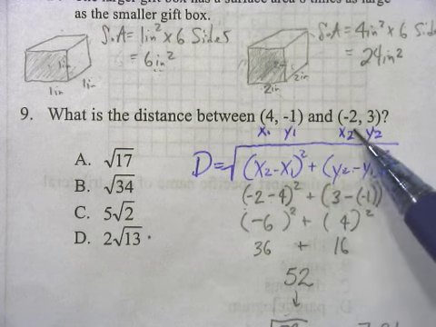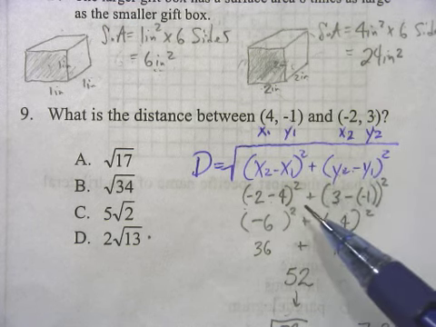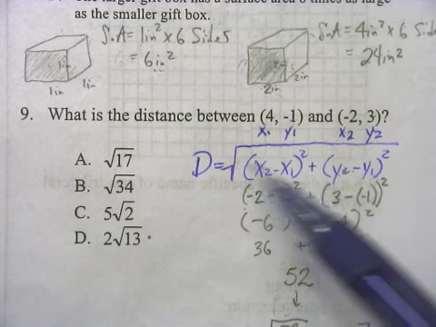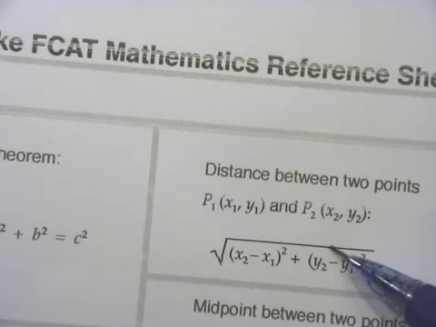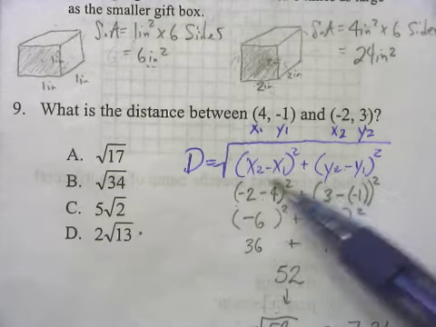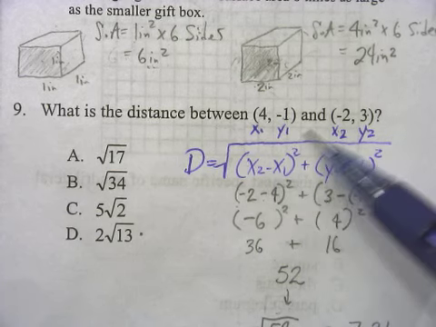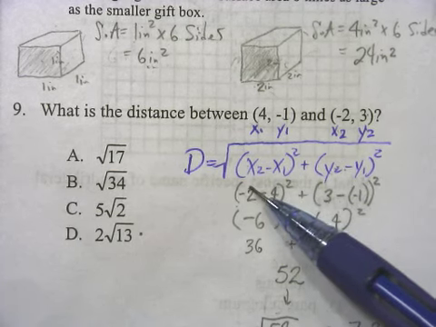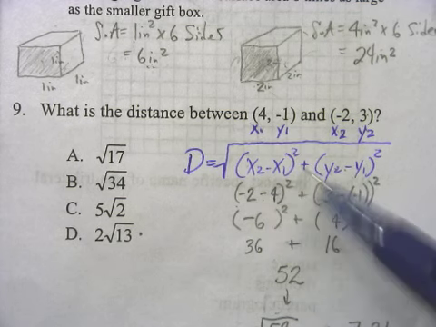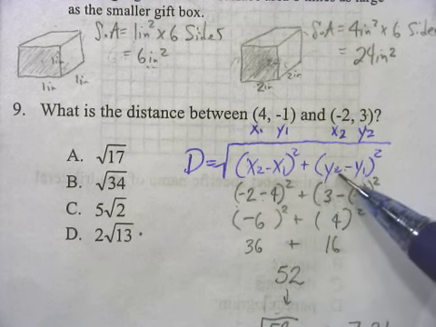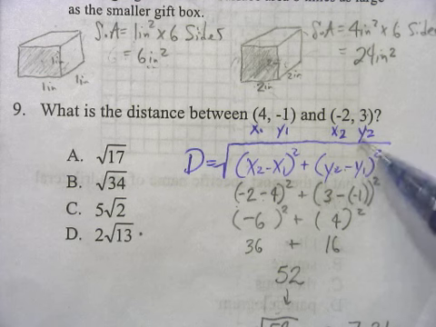So the first thing you're going to do for these coordinates is label them x1, y1, x2, y2. After I label them, I write down my distance formula. Here it is, got it from the reference sheet. And then I'm just going to plug in. Well, what's x2? It's -2, and then minus x1, which is 4. So -2 minus 4.